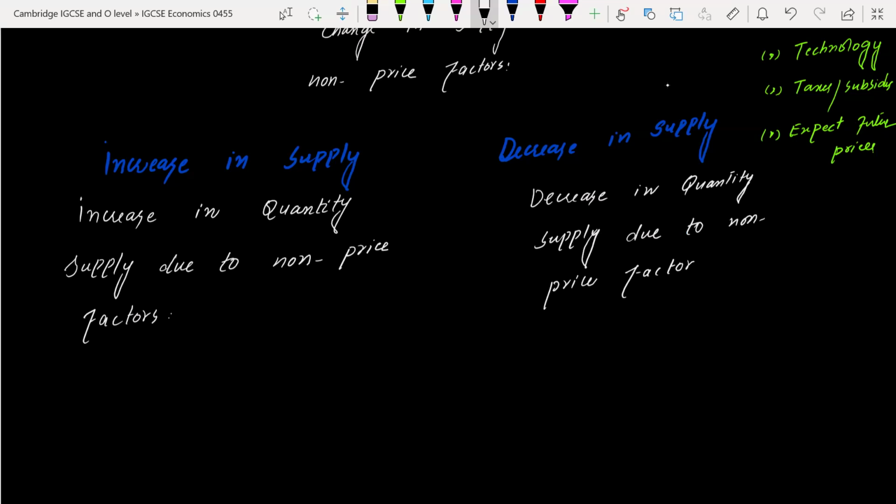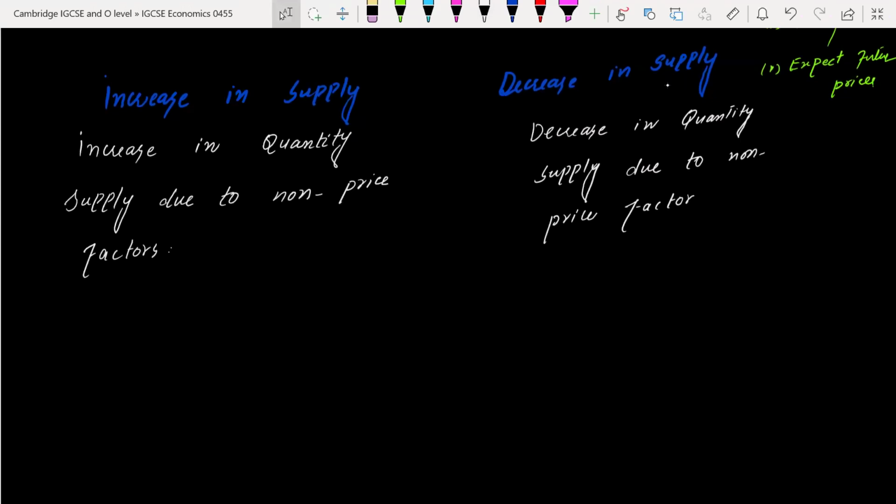If non-price factors are not in favor of the economy, definitely there will be a decrease in supply. And if non-price factors are favorable to the economy, there will be an increase in supply.